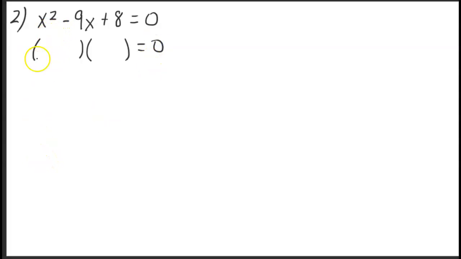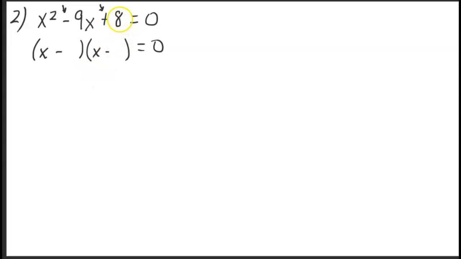So let's think about our process. X squared, how do we get that? Well, that's just x times x. I see here that the constant term is positive, which means the signs in the binomials need to be the same. Since they need to be the same, they will be whatever the sign is on the linear term, so they're both going to be negative.